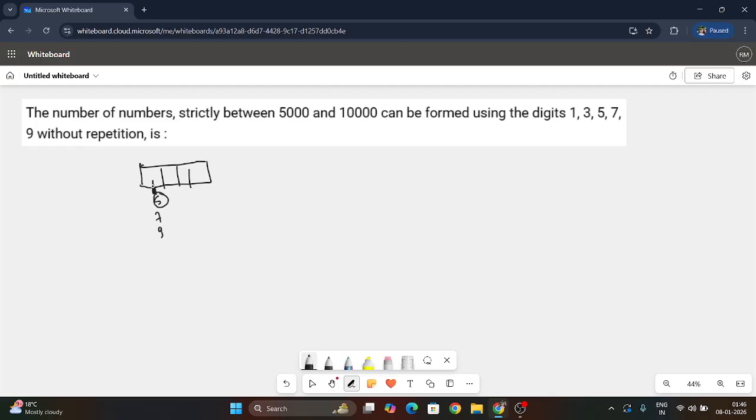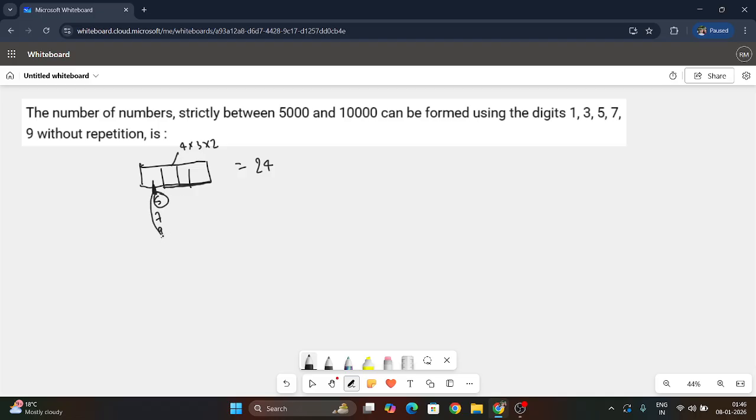How many possibilities for these three places? Now you have 4 numbers, so 4 possibilities, then 3 possibilities, and then 2 possibilities. If you multiply, you will get 24.